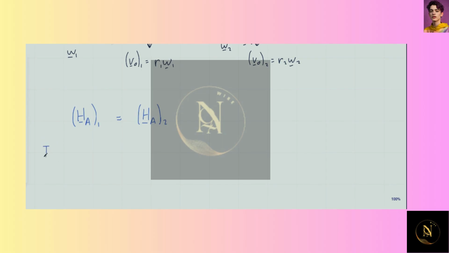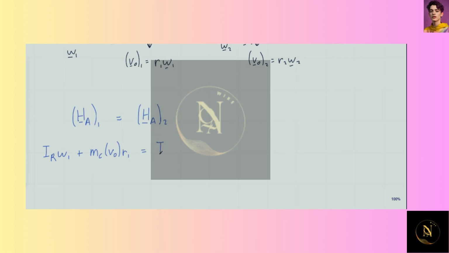In position 1, the angular momentum is IR omega 1, where IR is the mass moment of inertia of the rod, times omega 1, plus the mass of collar C times V0 times R1. That's the contribution in position 1.